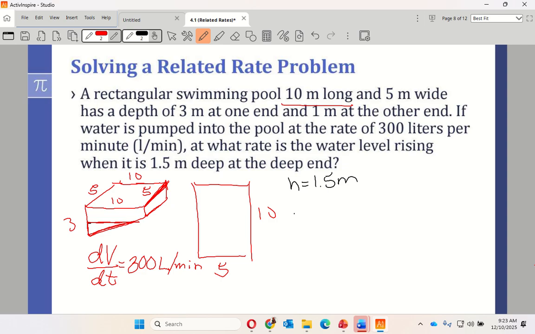So I'm looking for dH dt, and I have the volume. I have a volume formula, right? So I have a volume formula here, and that's going to be super important. So that means that I have to start off with a volume equation.